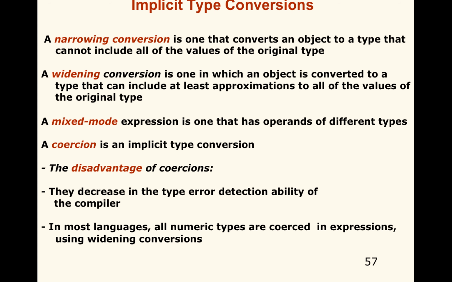Now we have implicit type conversions. Typecasting is an interesting concept in C and C++. It's also possible to do an upcast or a downcast in Java. You can also do a typecast in Java as well. The implicit typecast, or type conversion, is when the compiler is doing it for the programmer.